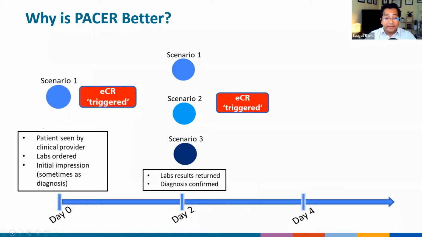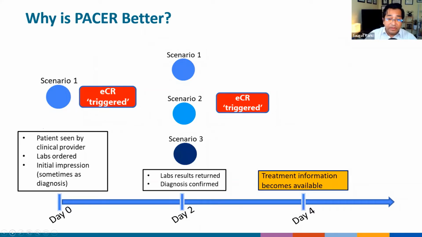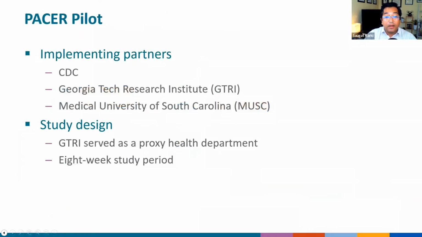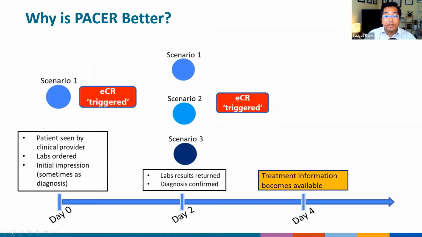So now 2 days later, if a positive lab result is returned and all 3 trigger criteria are met, an ECR can be generated. Next slide, please. But we found that treatment information is typically available at a later date. So if ECR was triggered before this time, treatment information is not available on the case report. Next slide, please.